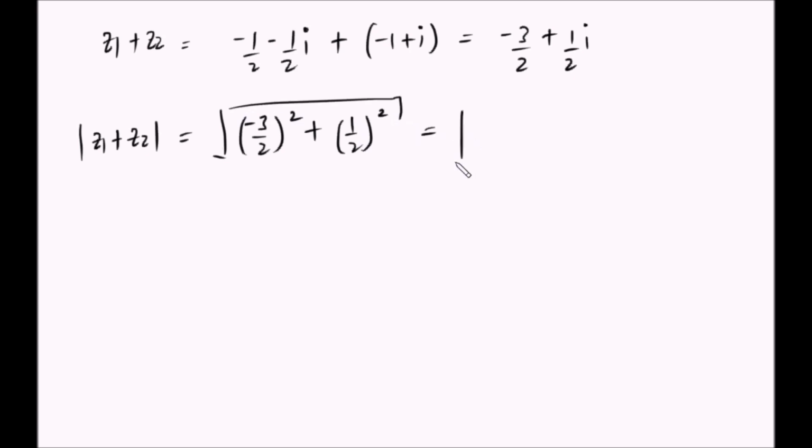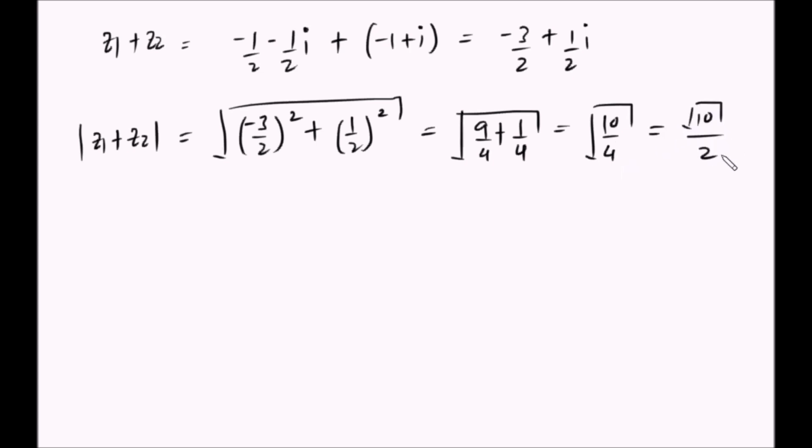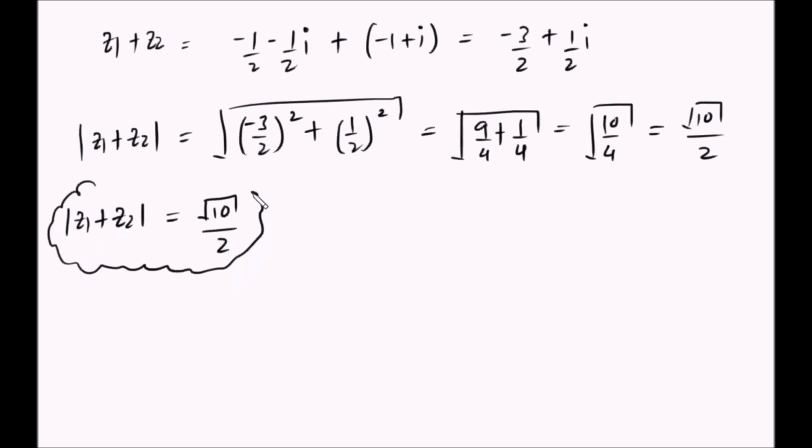So this is going to be equal to the square root of 9/4 plus 1/4, which is the square root of 10/4. But the square root of 4 is 2, so it's the square root of 10 over 2. So this is the modulus of z1 plus z2. Now I need the argument.